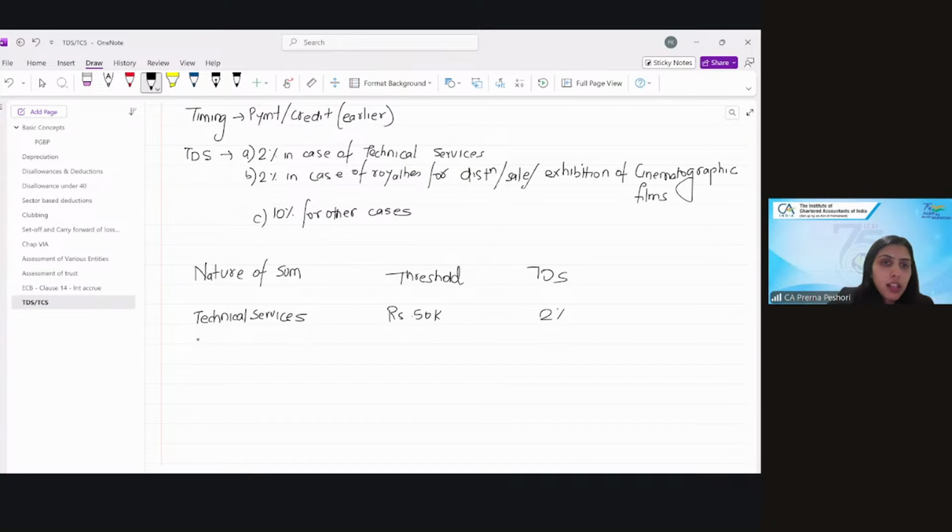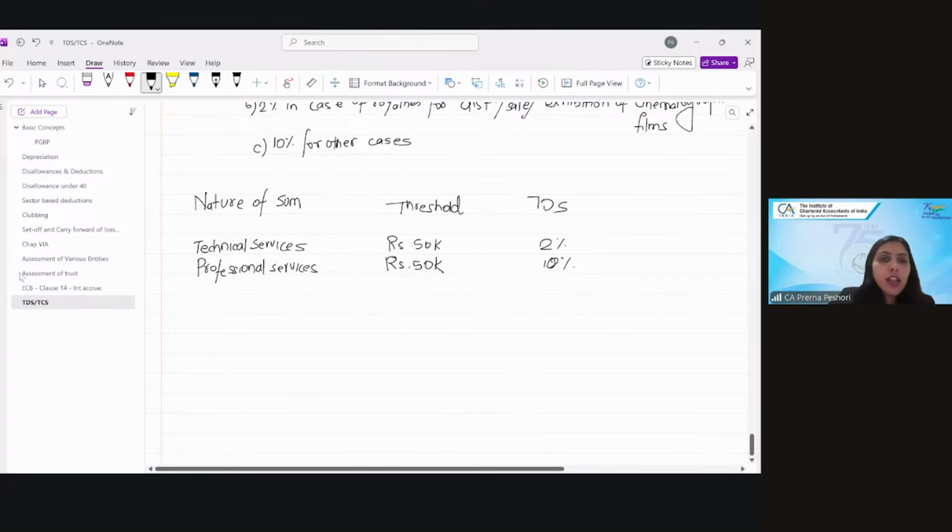Fine. Professional services. So these thresholds are separate for each of them. It is not that if you make a payment of 20,000 for technical services and 50,000 for professional services, on both the TDS will apply. No. Thresholds are independent for each service. Royalties.